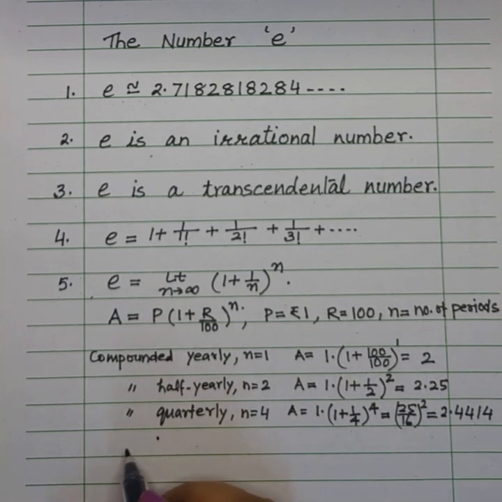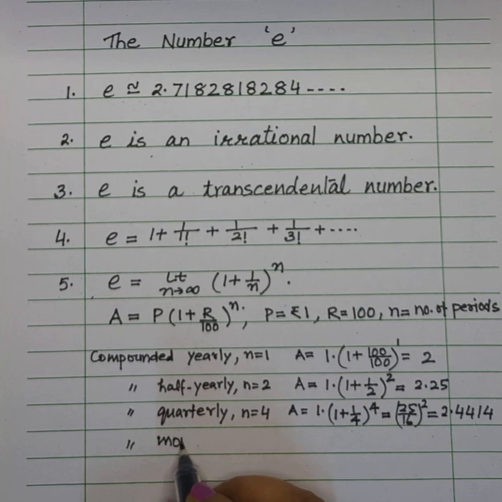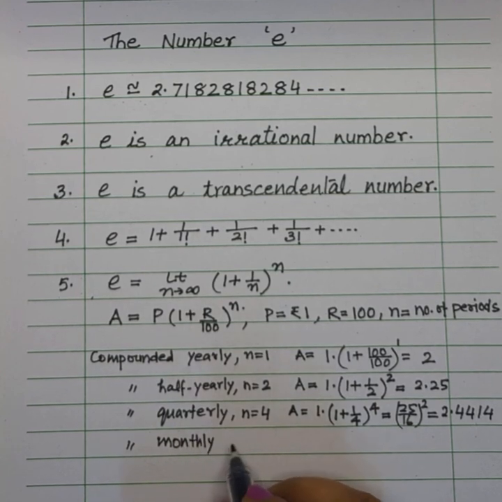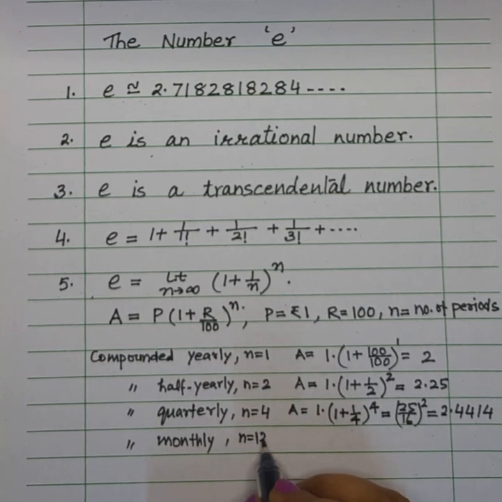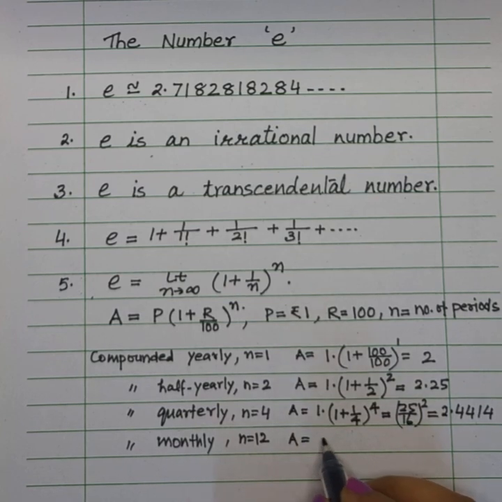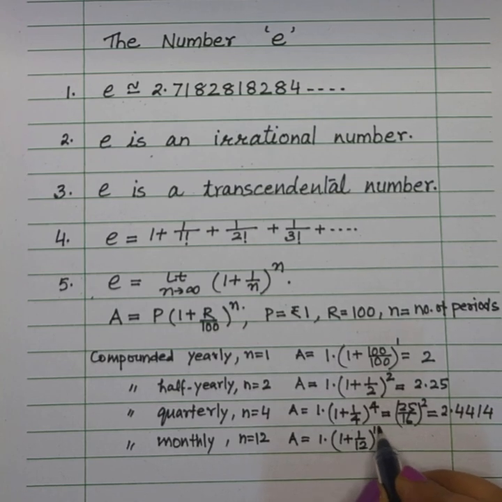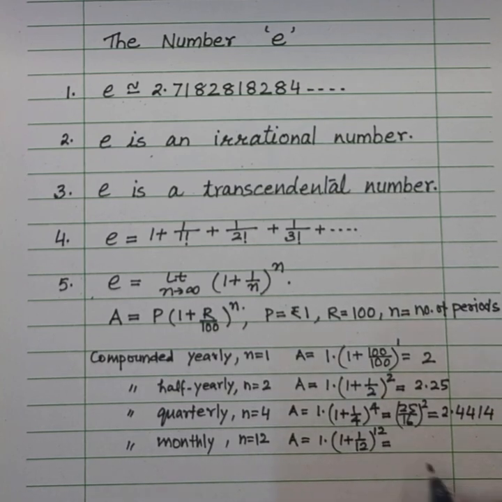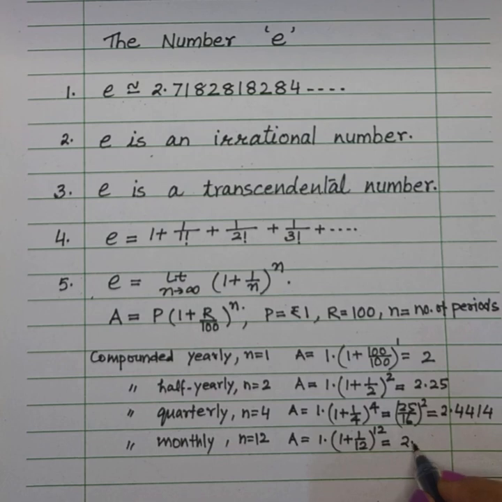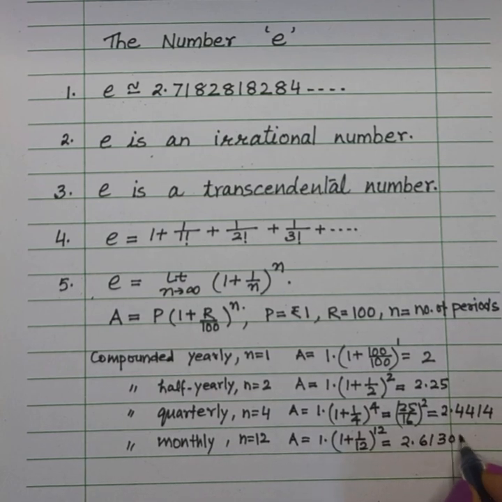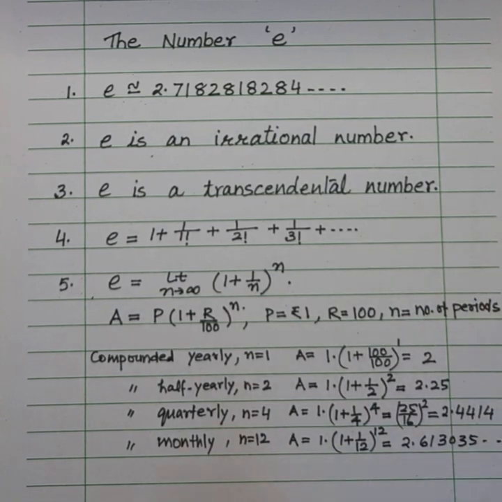If it is compounded monthly, then n is equal to 12 and A is equal to (1 plus 1 by 12) raised to the power 12, and it comes out 2.613035 and so on.